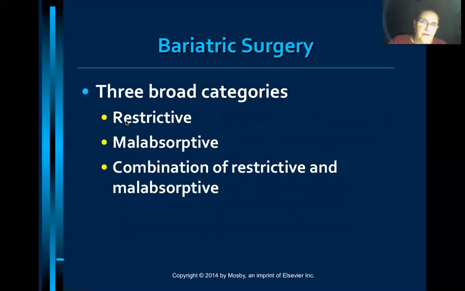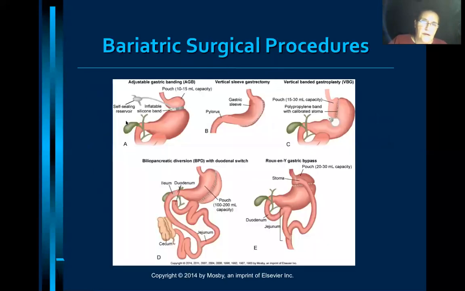So you have three broad categories: restrictive, malabsorptive, and a combination of the two. And this is a visual. At the top, we have the adjustable gastric banding, which is restrictive, and the restriction can be changed.